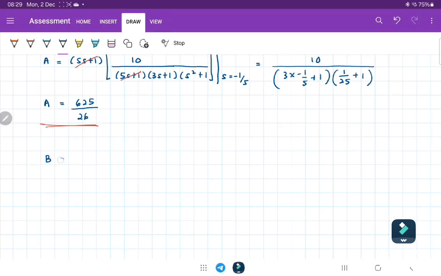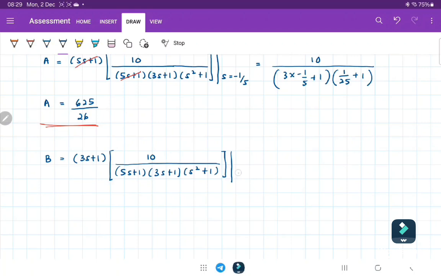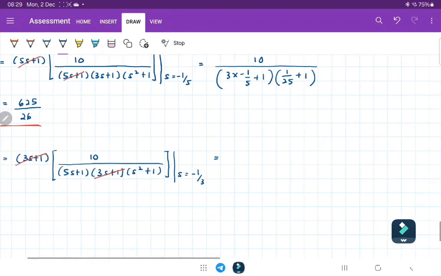Now let's do B, same method. B is 3s plus 1 multiplied with overall Y of s, which is 10 over 5s plus 1 multiplied with 3s plus 1 and s squared plus 1, and then I evaluate that at s equals minus 1 over 3. You cancel the root first and then you evaluate.